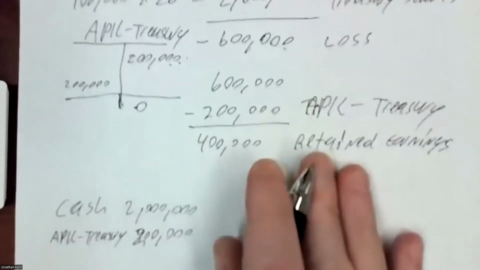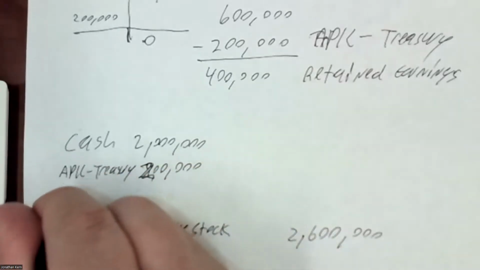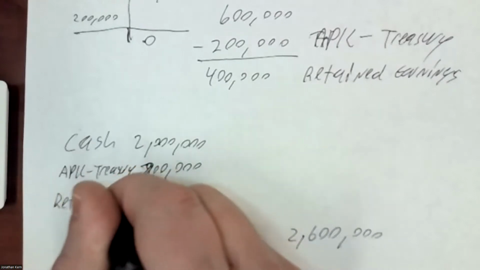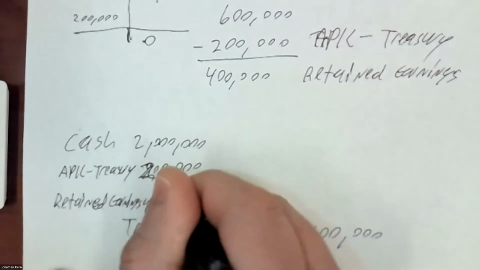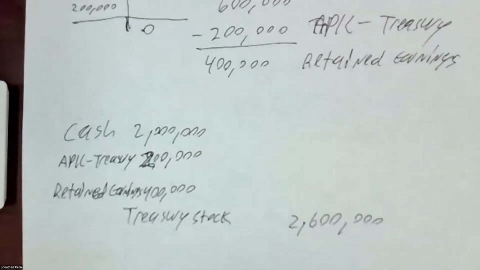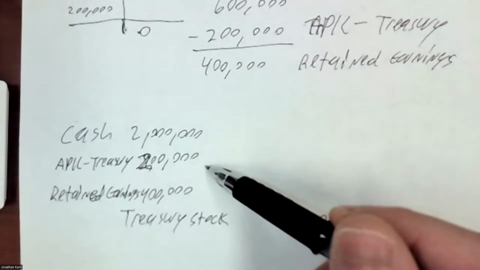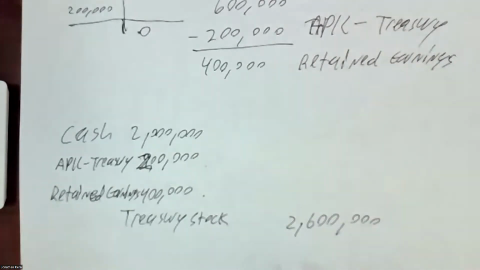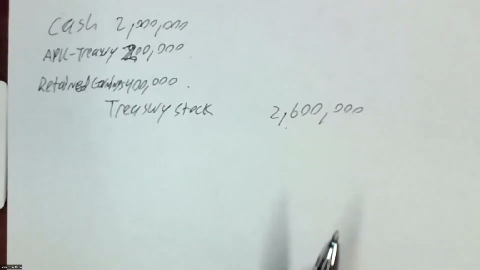And that would be our answer to D. Debit to cash for $2 million, debit to APIC Treasury for $200,000, a debit to retained earnings for $400,000, and a credit to Treasury stock of $2,600,000.